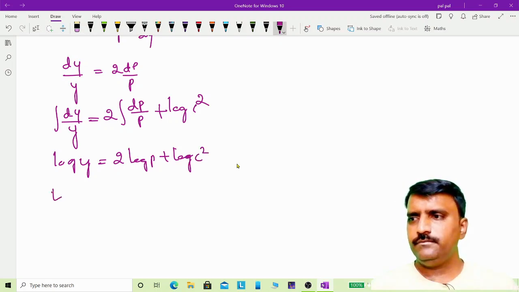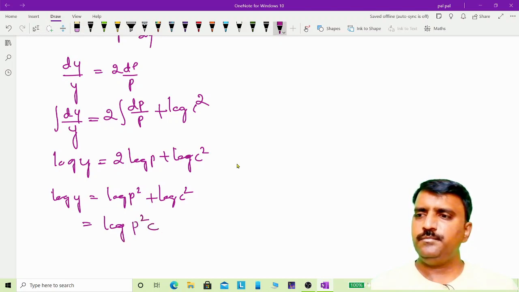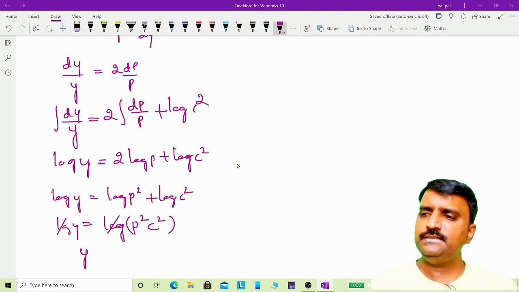Log y is equal to log p square plus log c square, which is equal to log of p square c square. Okay, so this is log y, log cancels, y is equal to c square p square.